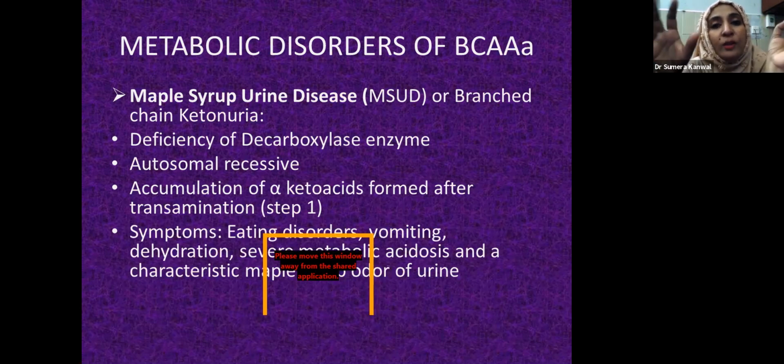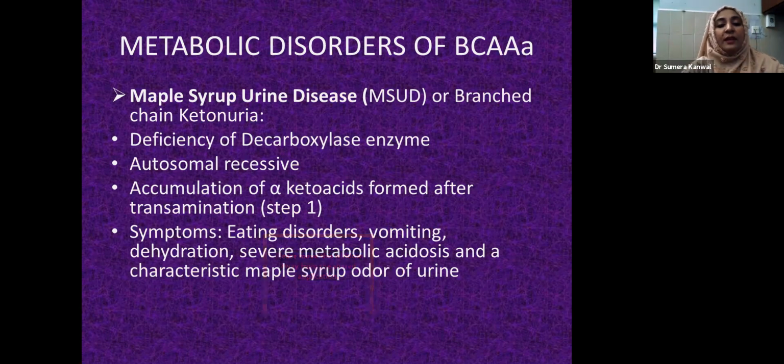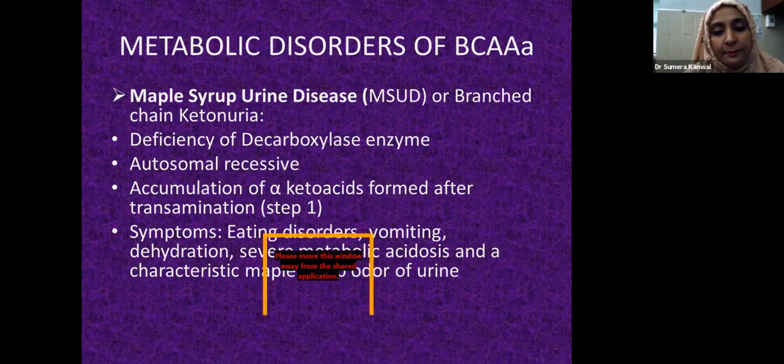And also these alpha keto acids start to accumulate in the blood, as well as being excreted into the urine. So the symptoms include eating disorders. Because of the eating disorders and abnormal feeding behavior, the symptom of vomiting appears.